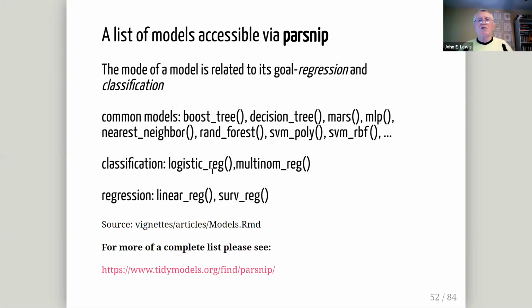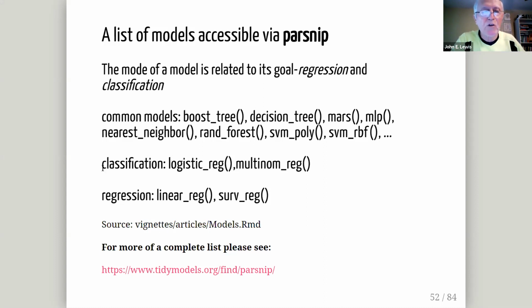This is just a short list of all of the particular models that are accessible via Parsnip. The first line here has what I consider common models that you can do both classification and regression with: boosted trees, XGBoost and things like that, decision trees, multivariate adaptive regression splines, neural networks, nearest neighbor, random forest, different varieties of support vector models.